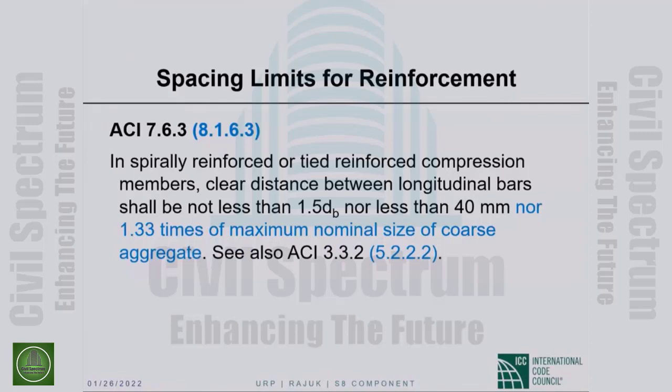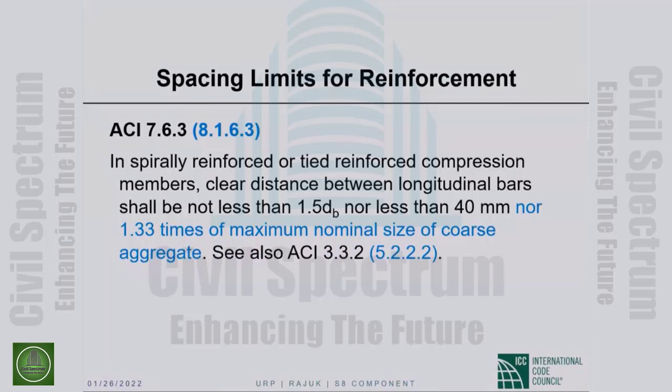In spirally reinforced or tied reinforced compression members, clear distance between longitudinal bars shall not be less than 1.5 bar diameter, nor less than 40 millimeters, nor 1.33 times maximum nominal size of coarse aggregate. So this is in spirally reinforced or tied reinforced compression members.